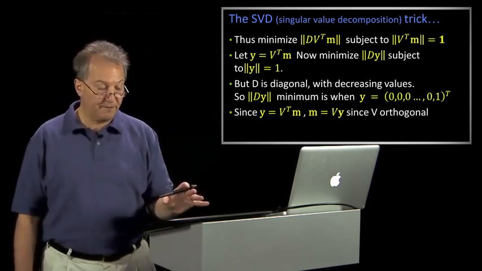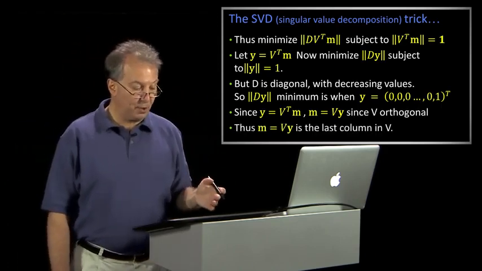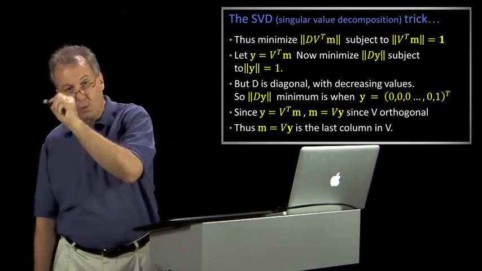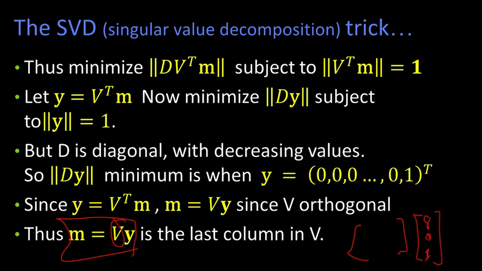So now we've solved for M in terms of V and y, but remember, y is just 0, 0, 0, 0, all the way to 0, 1. So that means this equation just pulls out the last column of V. Because if I take a matrix and multiply it by some vector that's all zeros down to a 1, that 1 just multiplies the last column. So I just pull out the last column.